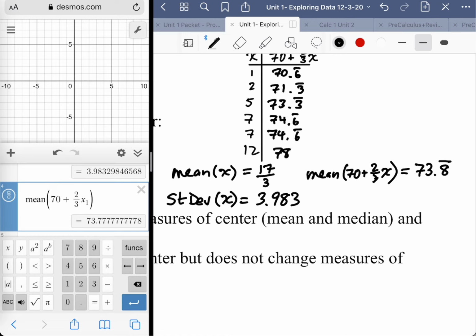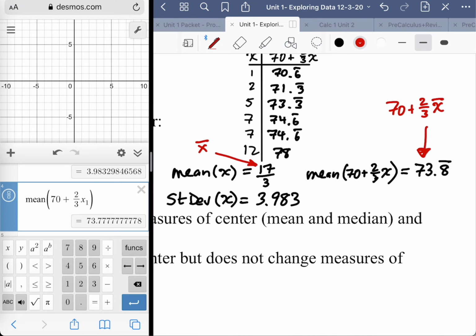So what we get from this, it might not be obvious, but if you were to run the mean through that same computation, so if we were to compute 70 plus 2/3 times x bar, that's 17/3 x bar.